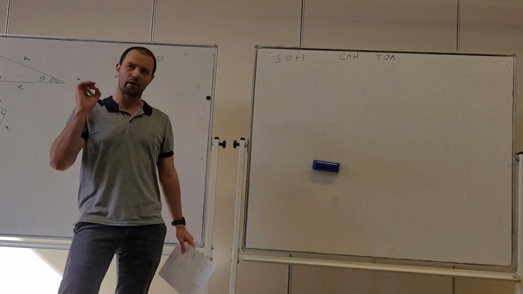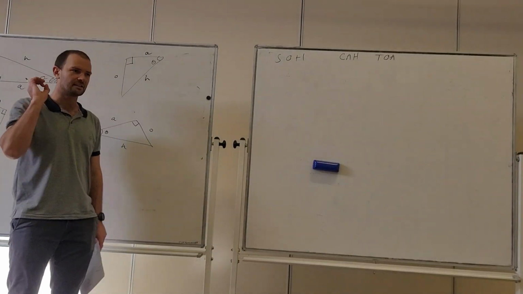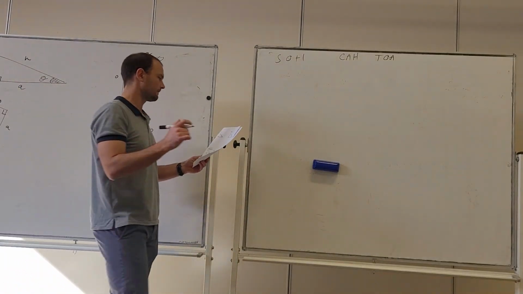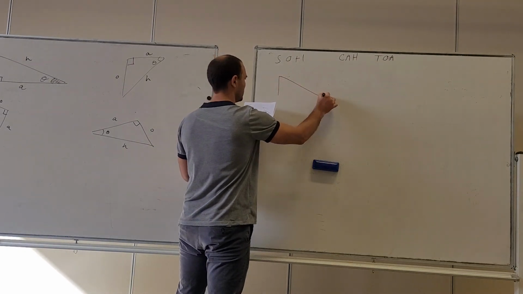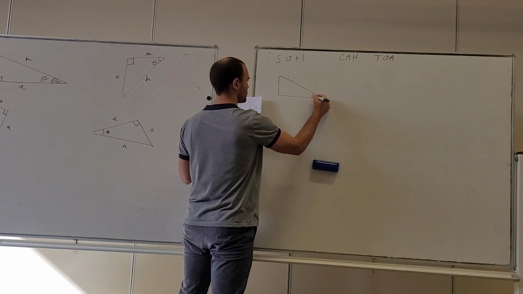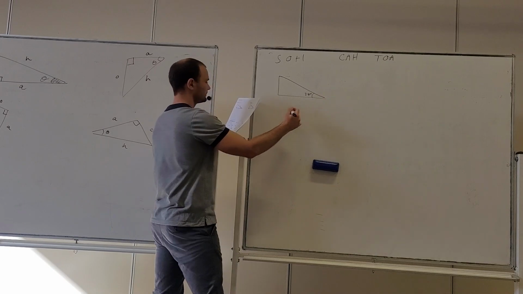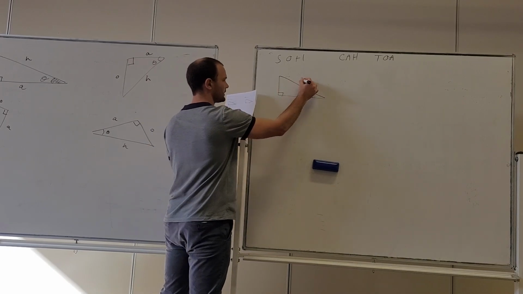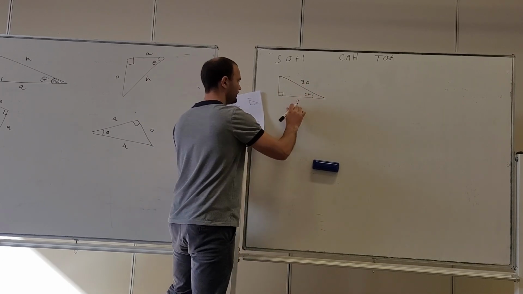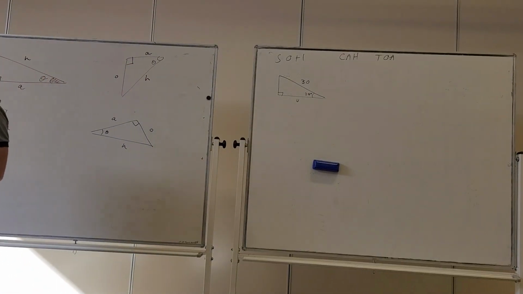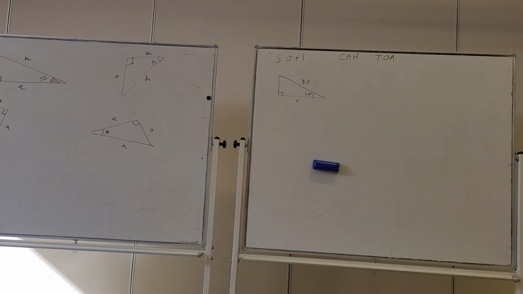We're going to do both unknown sides and unknown angles. Here's our first example. We've got a triangle here, 24 degrees. Here's the right angle. This is 30, and this is the unknown side, u. Okay, so whenever we're doing right angle trigonometry, we always start by labeling the triangle.